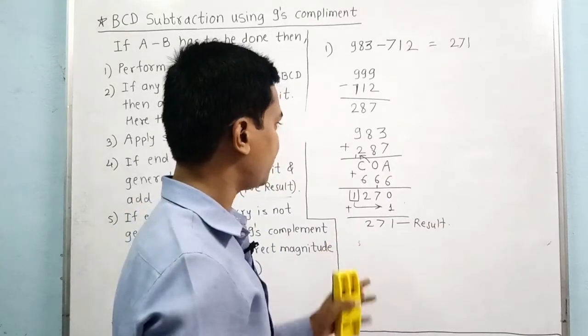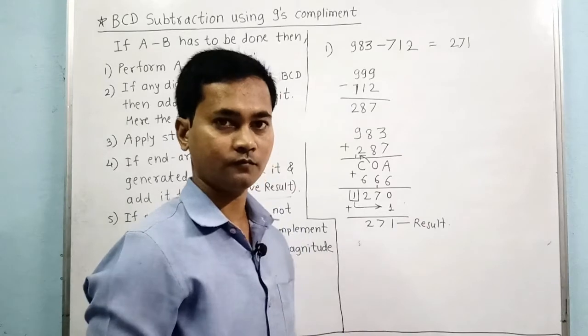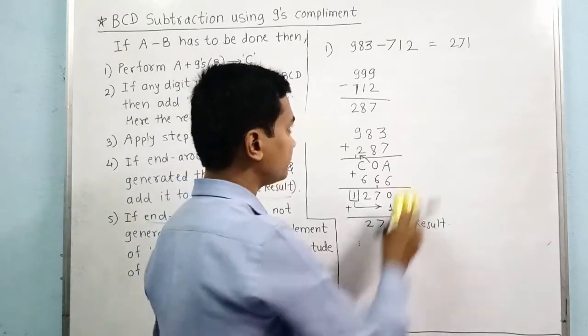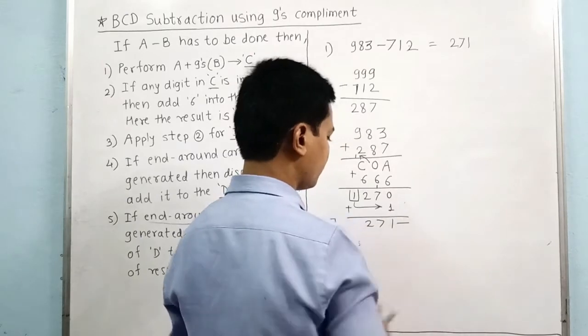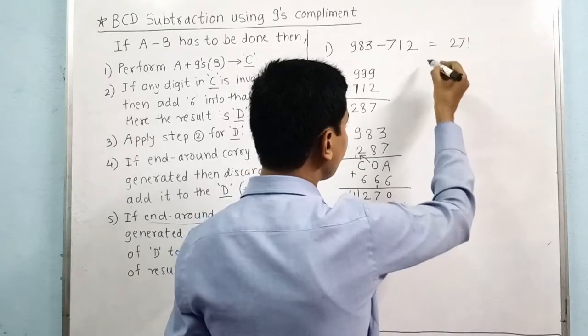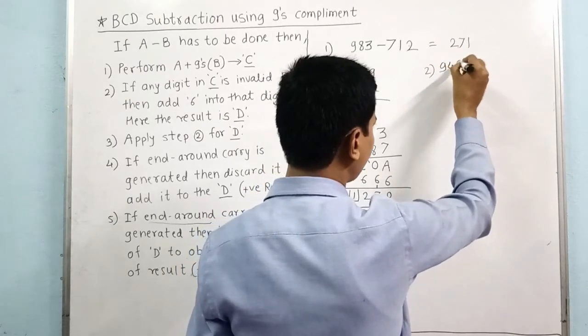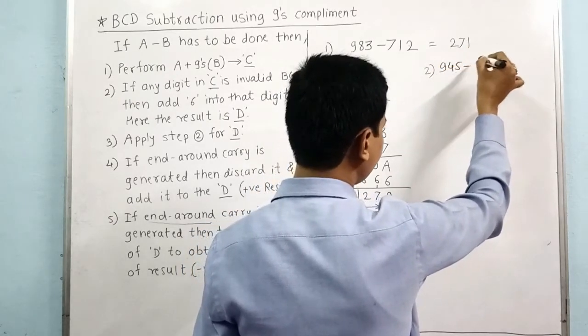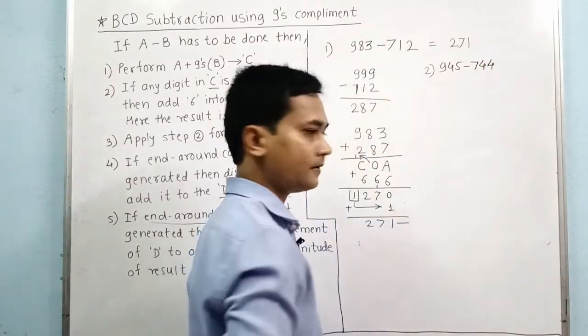This is about the first example. Now we will see a different example also. Consider the second example, 945 minus 744.